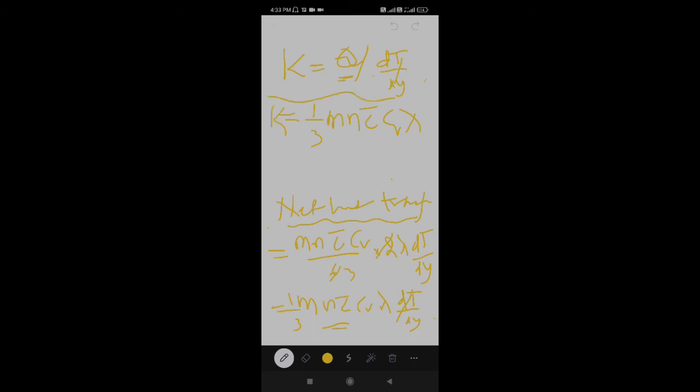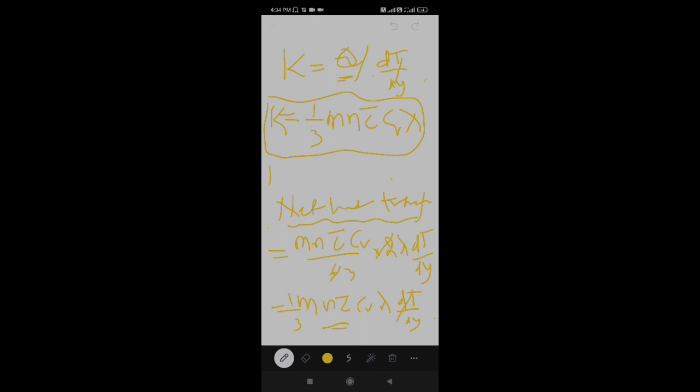So what is the expression for coefficient of thermal conductivity? That is equal to 1 by 3 mn c bar cv lambda. This is the expression for the thermal conductivity of the given gas.